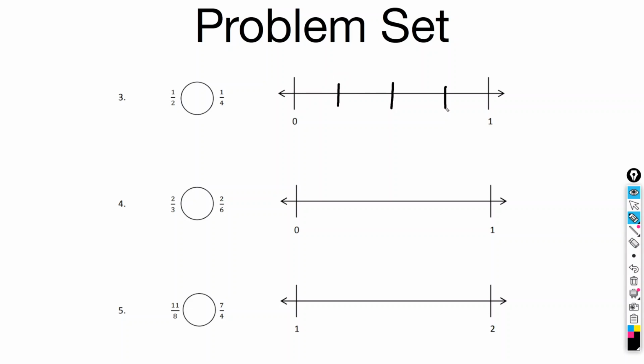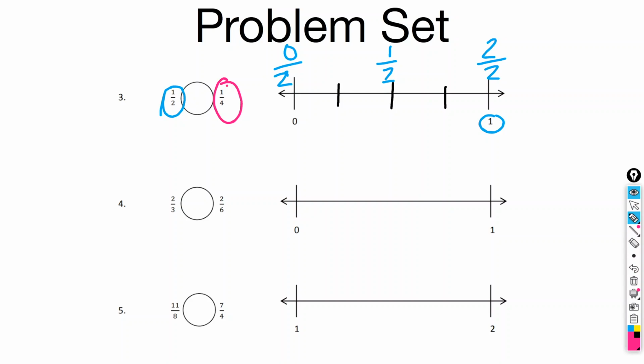Now, if I'm labeling my halves, we're going to do halves in blue. 0 halves, 1 half, 2 halves, which is 1 whole. And I'm going to go ahead and do the fourths in pink.